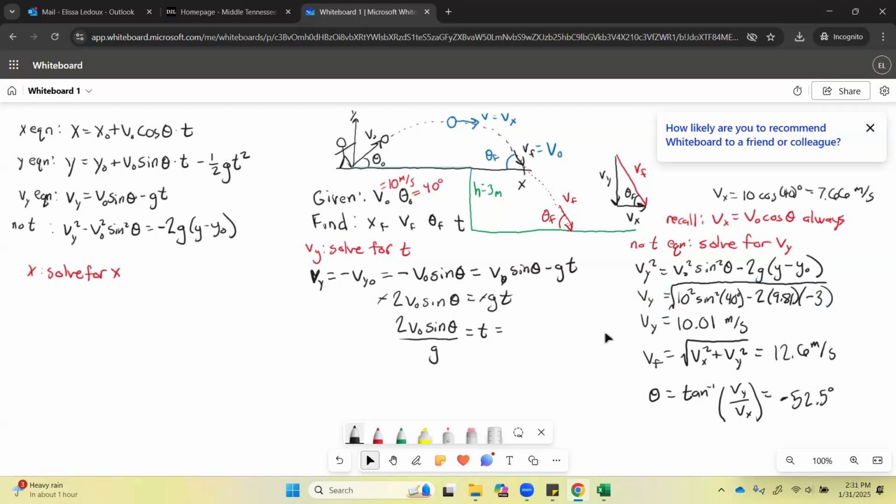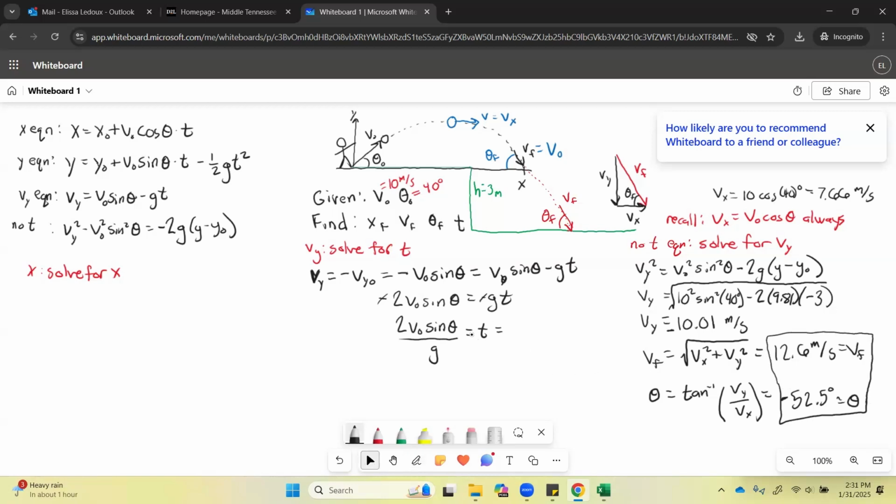Square root can be positive or negative. Because Vy is going down, this is a negative velocity. So our Vy would be a negative number, and we get negative 52 degrees. On something like that, just think: is it going down or is it going up? That gives you the sign on the angle. So we have this for theta, and we have this for final velocity.